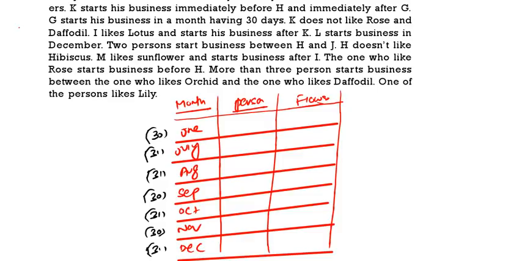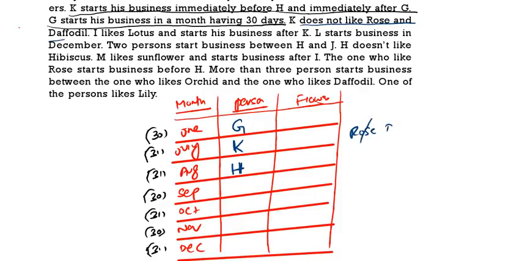See the first one. K starts his business immediately before H and immediately after G. G starts in the month having 30 days, so we can take G here. Immediately after G, K, and immediately before H, K. Then K does not like rose and daffodil, both.